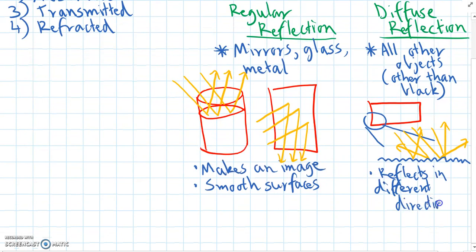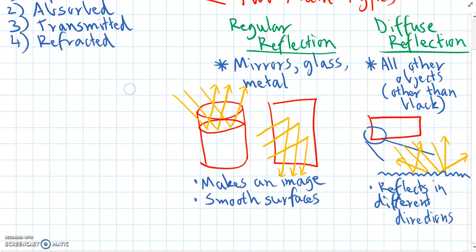With most other objects, we just see them as a color, like white on a piece of paper. There's nothing reflected that we can see nearby because there's no image that's made.